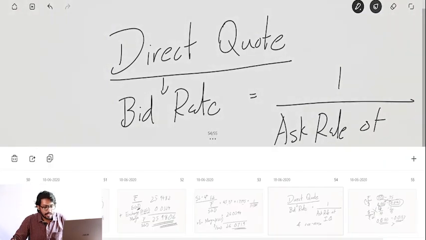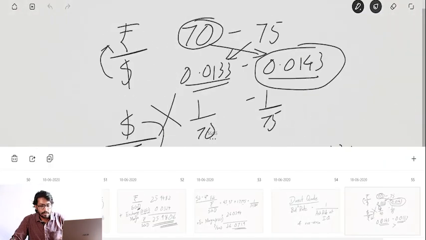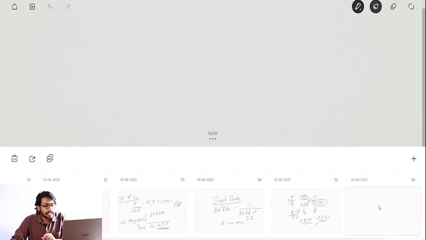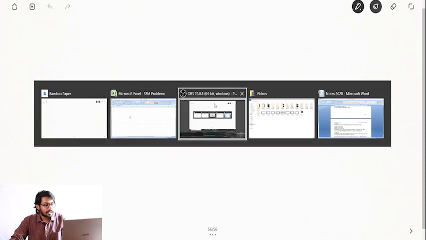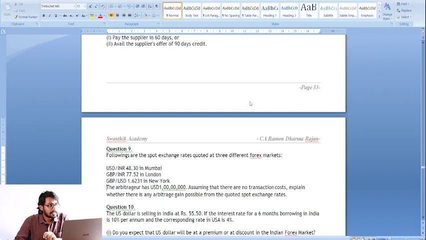Okay, that is done. Come to question number 49. The following are the spot exchange rates quoted at 3 different forex markets. USD by INR, rupee by dollar.